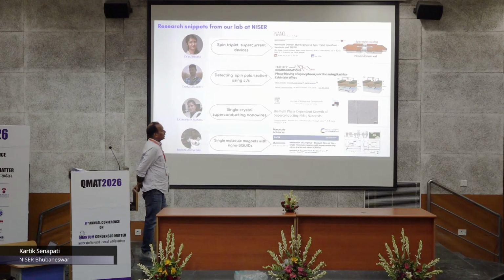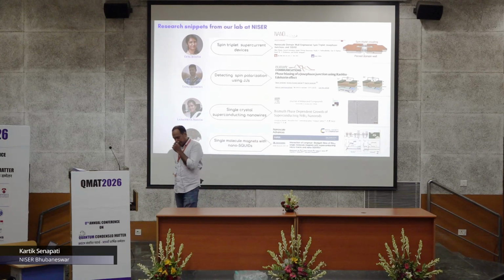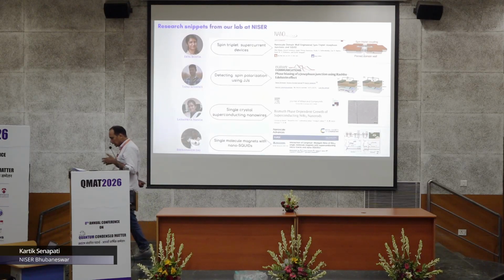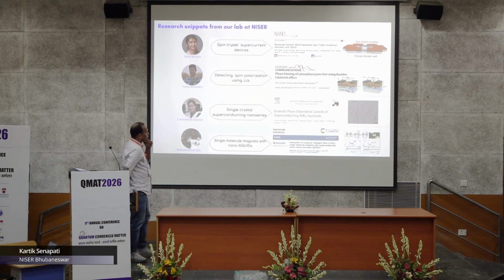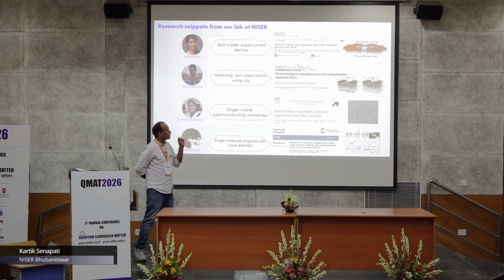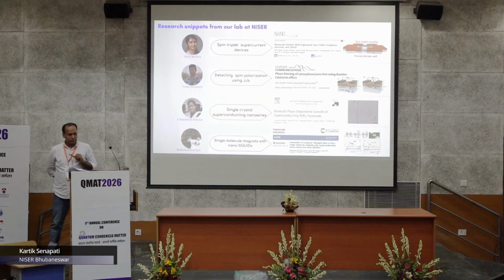We are also doing a little bit of material work, and one particular metal I'm involved in is nickel bismuth, NiBi3. One of the students managed to grow single crystal nickel bismuth nanorods, which are superconducting, very long, of the order of 10 to 20 microns.